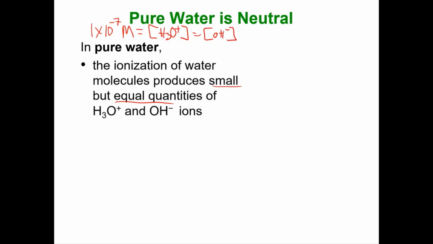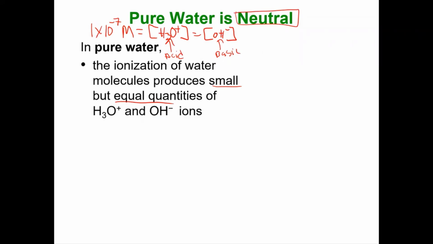Now, we had just talked about how do we measure acidity? We measure it by the presence of hydronium. Well, how do we measure base? The presence of hydroxide. Well, if they're in equal amounts, what does that make them? Neutral, right?